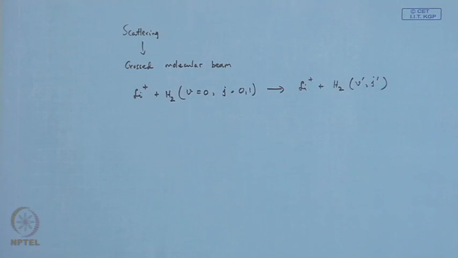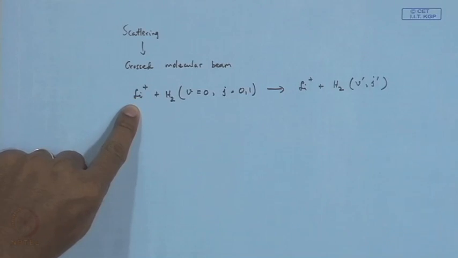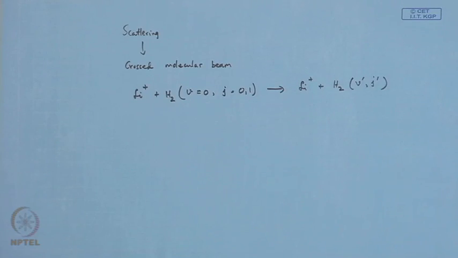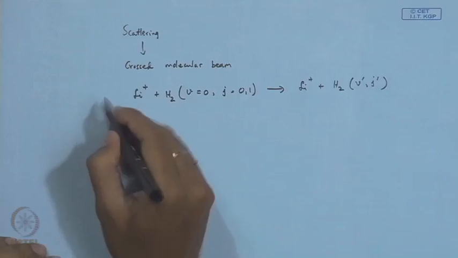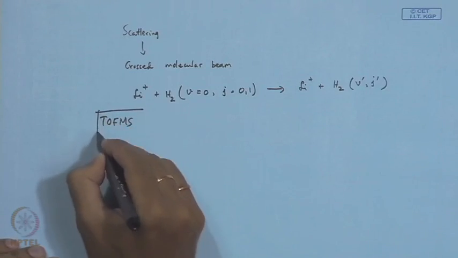If you can detect Li plus, its velocity, and plot the contour of velocity in different directions, then you should be able to get some idea, and that can be done by time of flight mass spectrometry, TOF-MS.